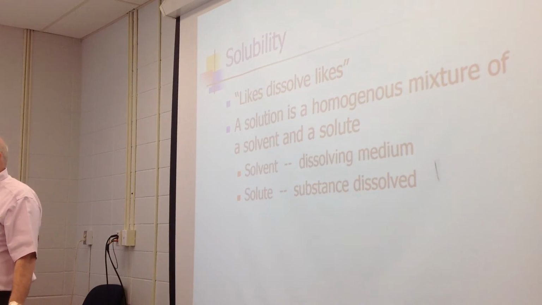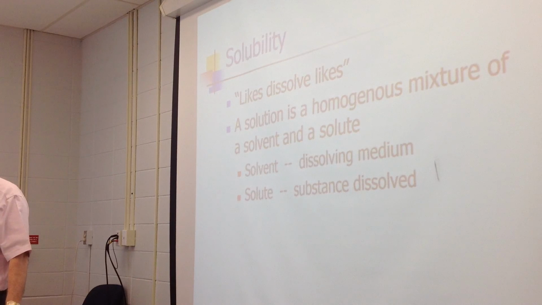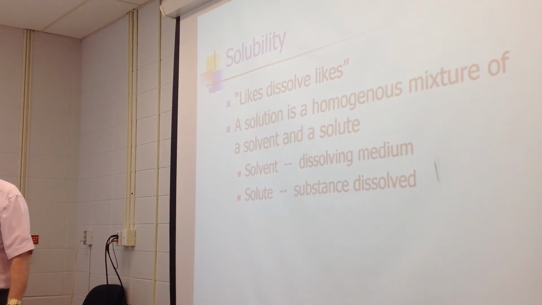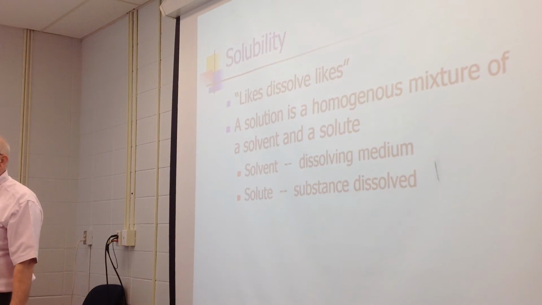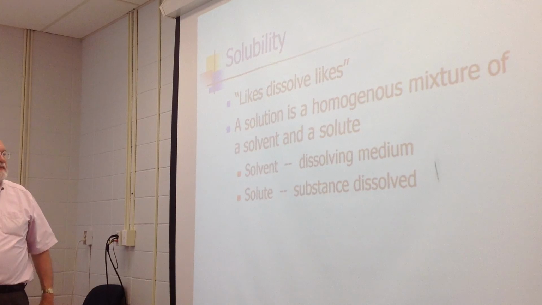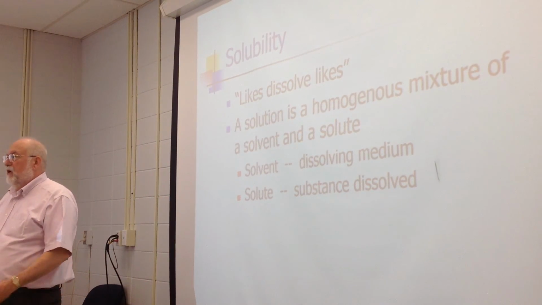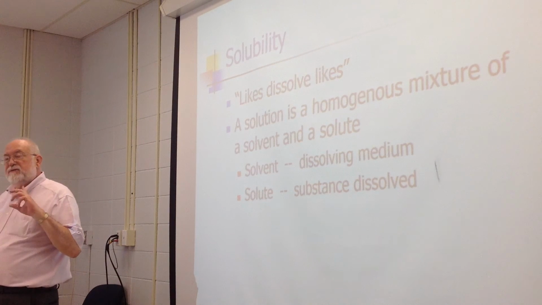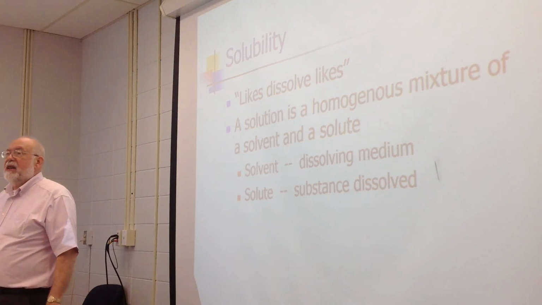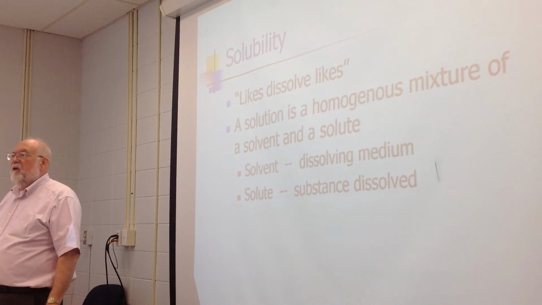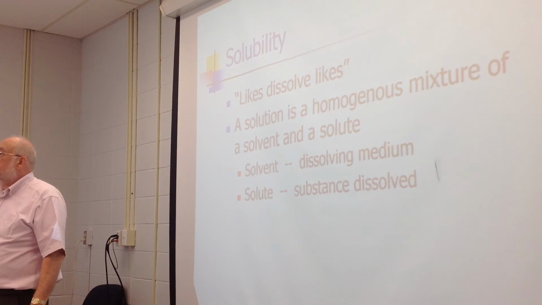Okay? And that's A-Q-U-E-O-U-S. I don't want to put the screen up just to write that on the board. All right. The other component is the solute. And that is the substance that is dissolved. All right? So, there we go. So, if we wanted to make an aqueous sodium chloride solution, what is serving as the solvent?